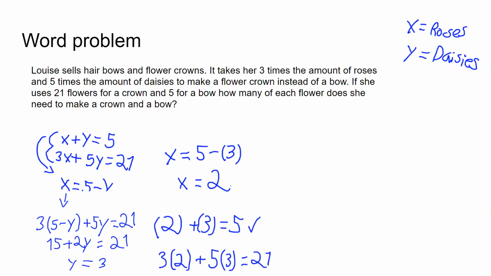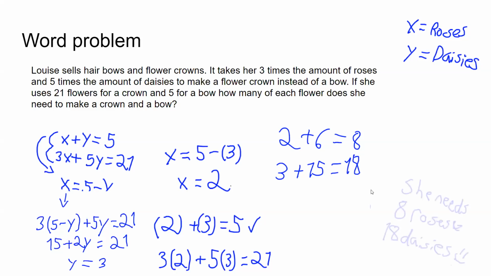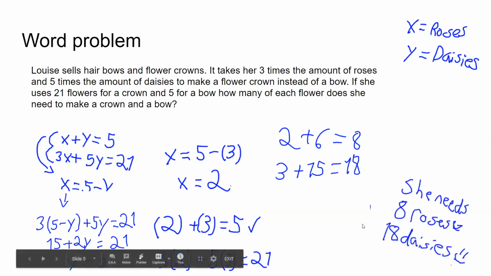So we do 2 for the bow plus 6 for the crown, and that equals 8. Then 3 for the bow and 15 for the crown for the daisies, and that equals 18. So Louise needs 8 roses and 18 daisies.